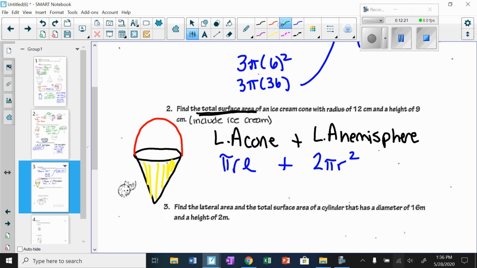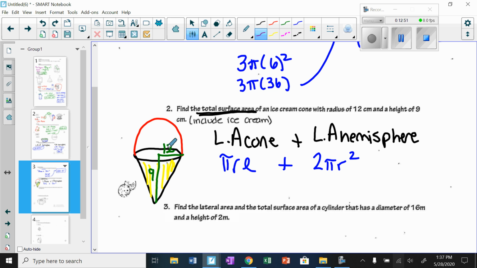And it says the radius is 12, a height of 9, okay, so we need the slant height.